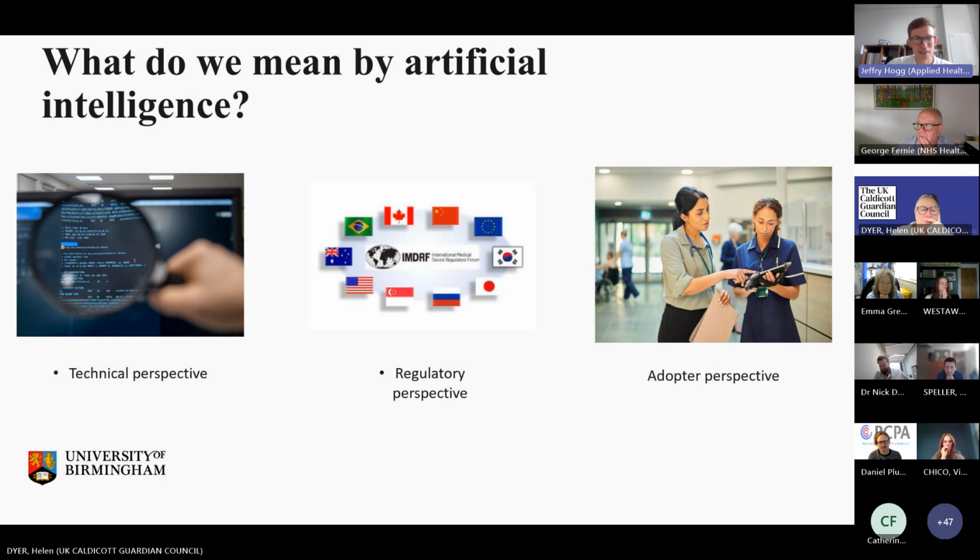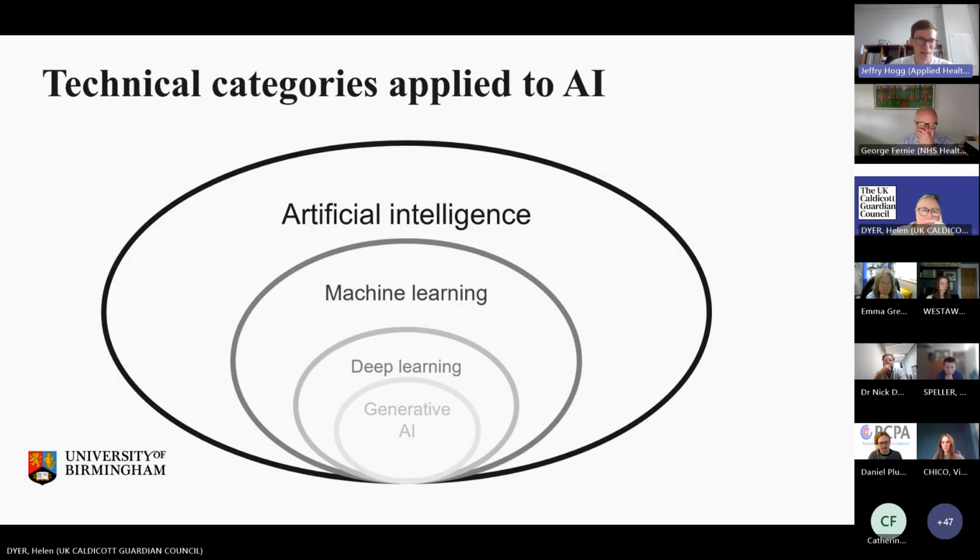And so I'm going to take a couple of different lenses to point to key distinctions. Firstly, a technical perspective, then thinking from a regulatory perspective, and then finally from adopters, so in provider organizations.